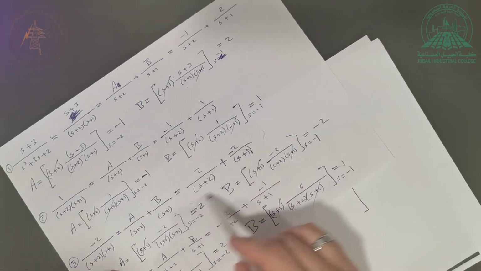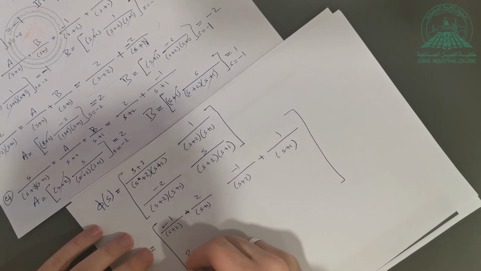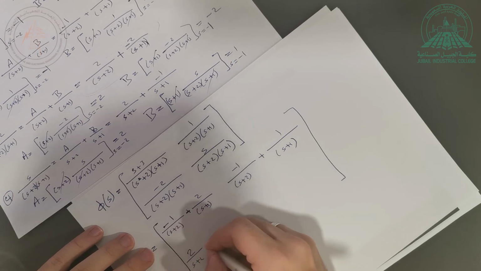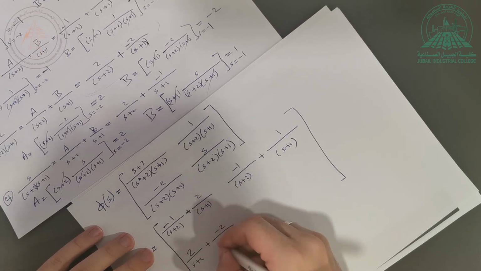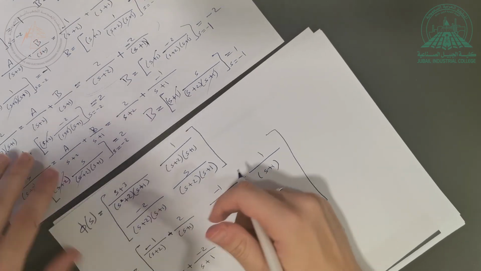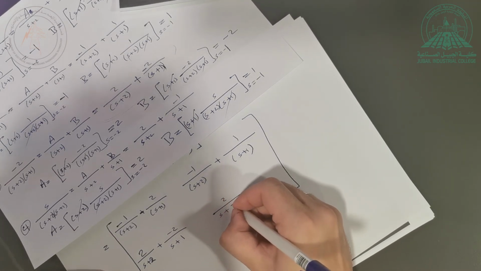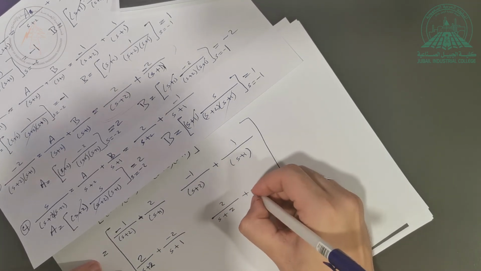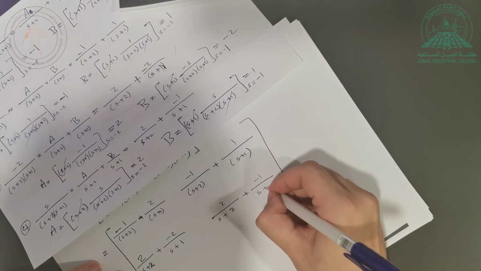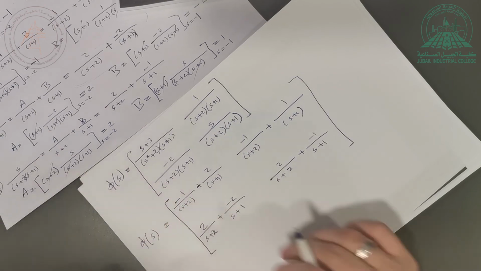Third element, this one here, is equal to 2 over s plus 2 plus minus 2 over s plus 1. And lastly, the fourth element right here, 2 over s plus 2 plus minus 1 over s plus 1. So this is phi of s.